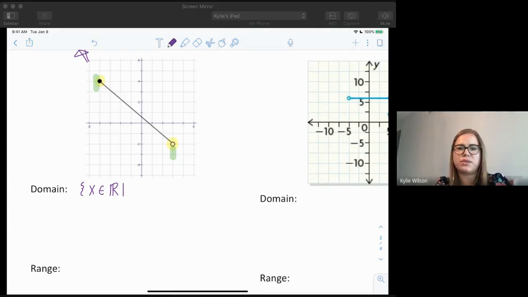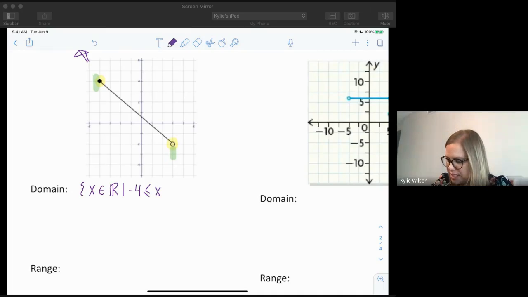And the reason we're using R is because all the dots are connected in a line. So all the decimals in between have to be accounted for. Next, we look at what X is sandwiched between. So we have that -4 is less than or equal to X, and the reason we do less than or equal to is because it is also a part of our function, because it's a colored in dot.